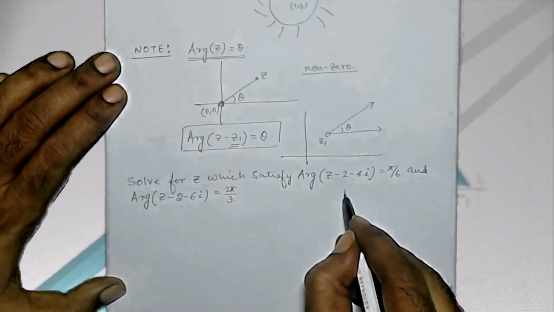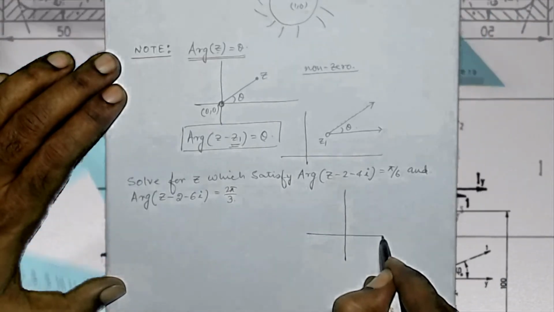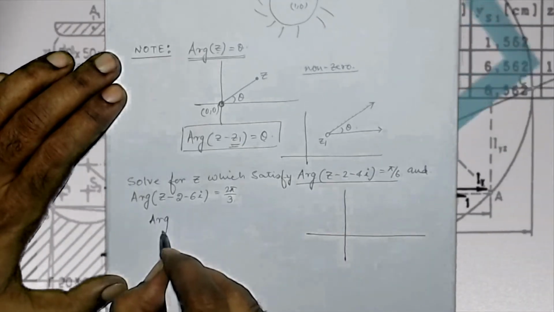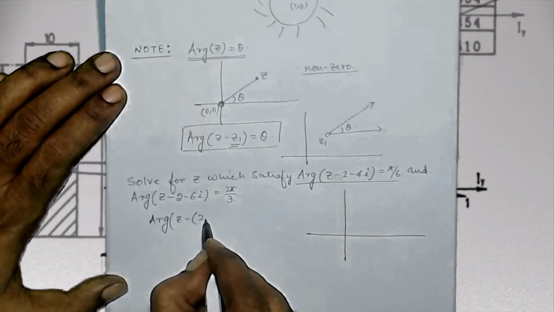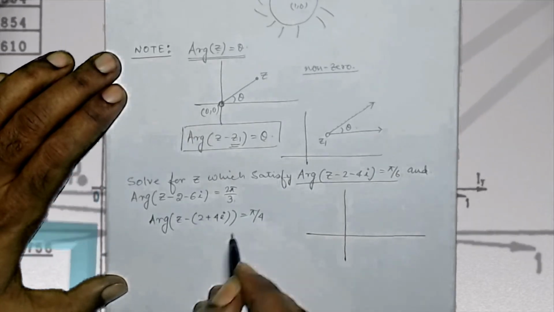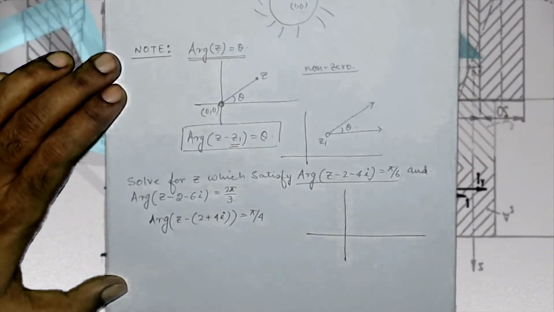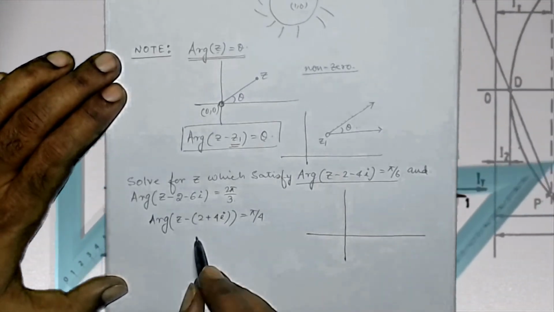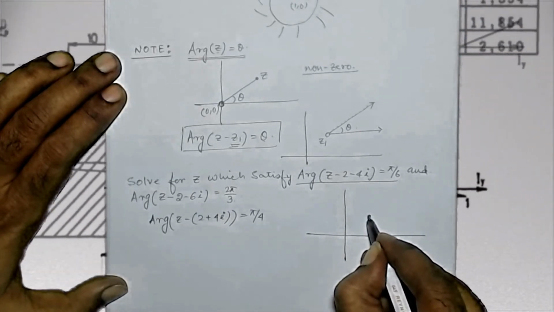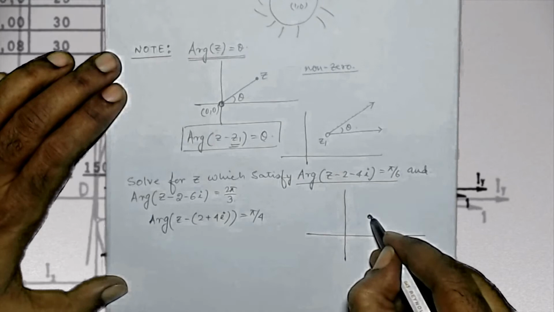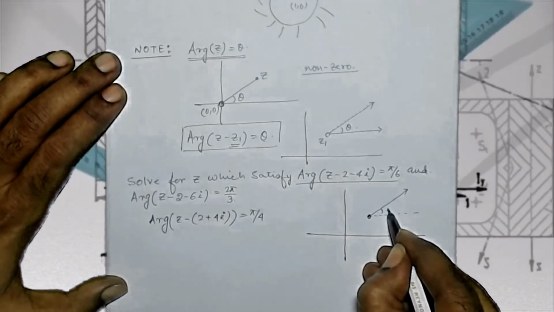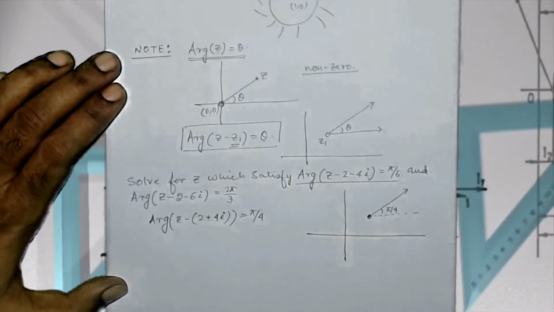Let me just draw the diagram on the complex plane. Let us consider the first equation. Arg z minus (2 plus 4 iota) is equal to pi by 6. What do you mean by this? This means a ray emanating from the point 2, 4, let us say this point is 2, 4, emanating from this point and making an angle pi by 6 with the positive direction of the x-axis.